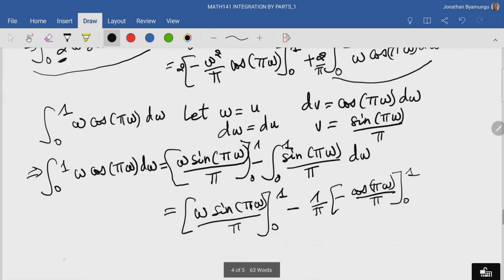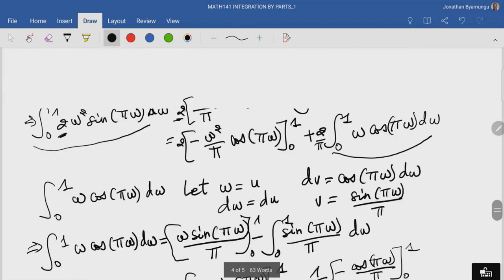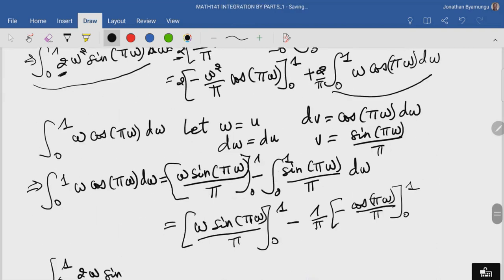So let's copy that. So the integral from 0 to 1 of 2w squared sine of pi w dw.